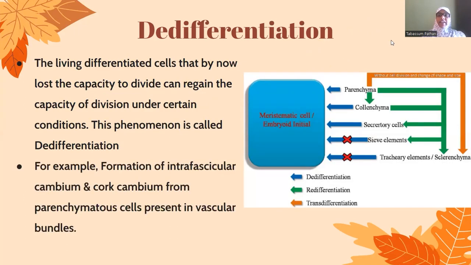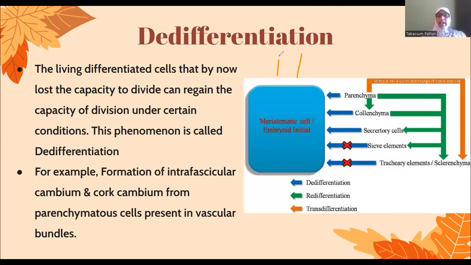One more example that we can take is mostly the interfascicular cambium and cork cambium. Remember when we were talking about the inner layers of cells, where we had gone through various diagrams.